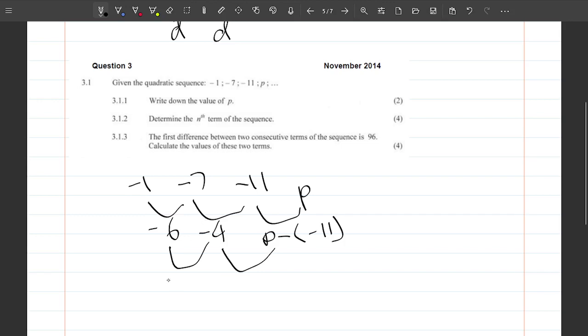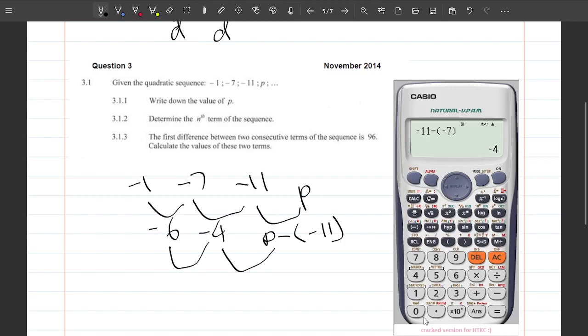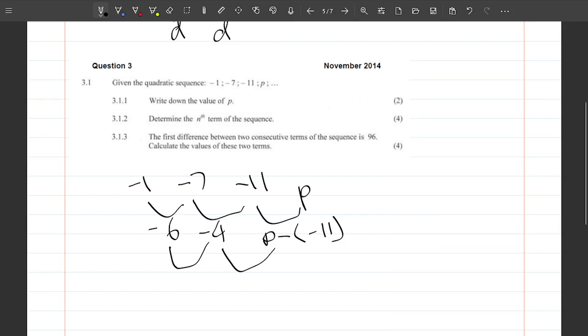So negative 4 minus negative 6 gives me 2. Performing that subtraction to get a 2 means I would also get a 2 for the other one. Okay, so that's all we need.